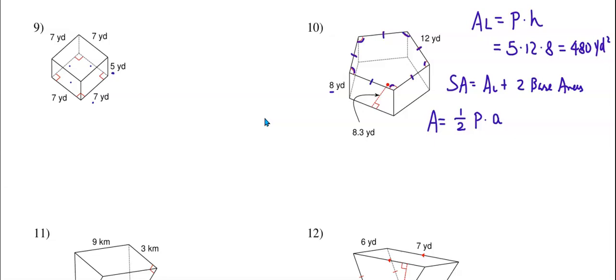Sounds like a cute animal's name. You can do 1/2, and the perimeter is 5 times 12. The apothem is what? 8.3.